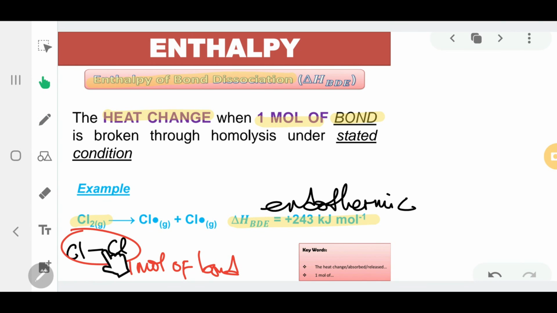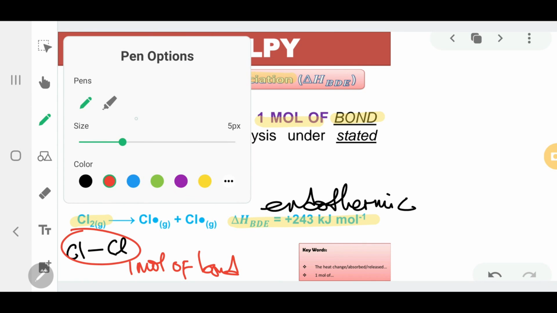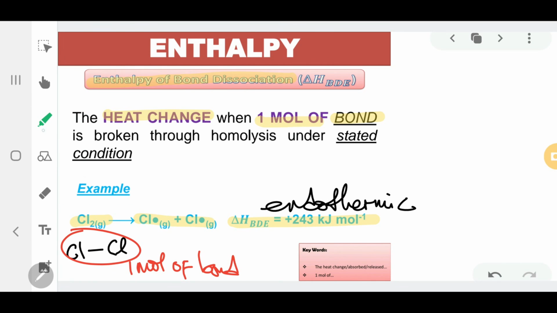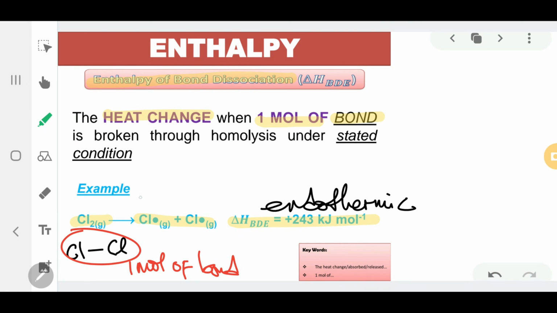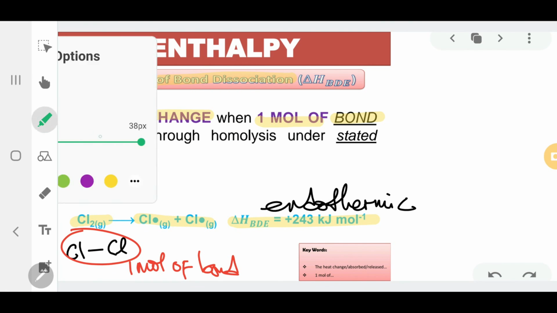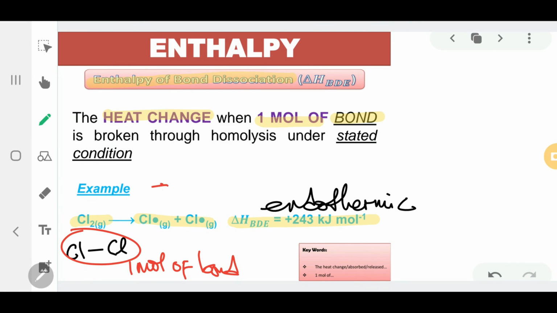And when that bond breaks, you have 2 free radicals over there. So you're going to be making over here 2 free radicals.